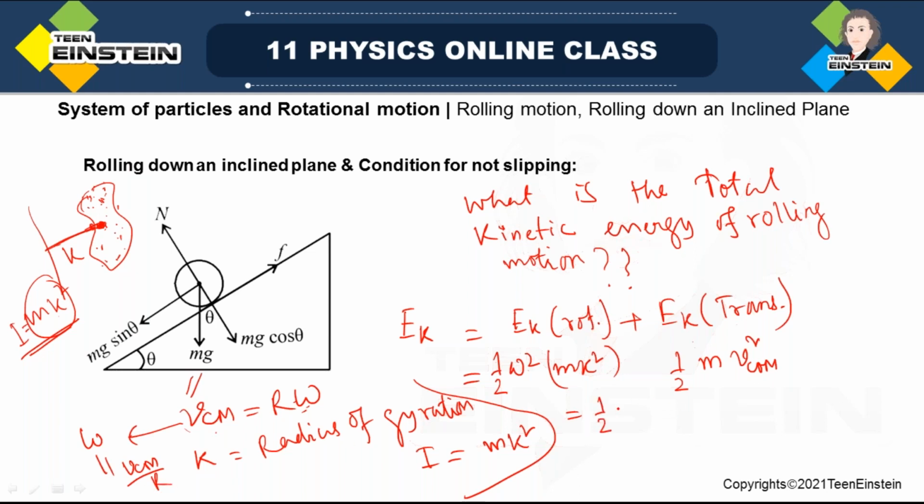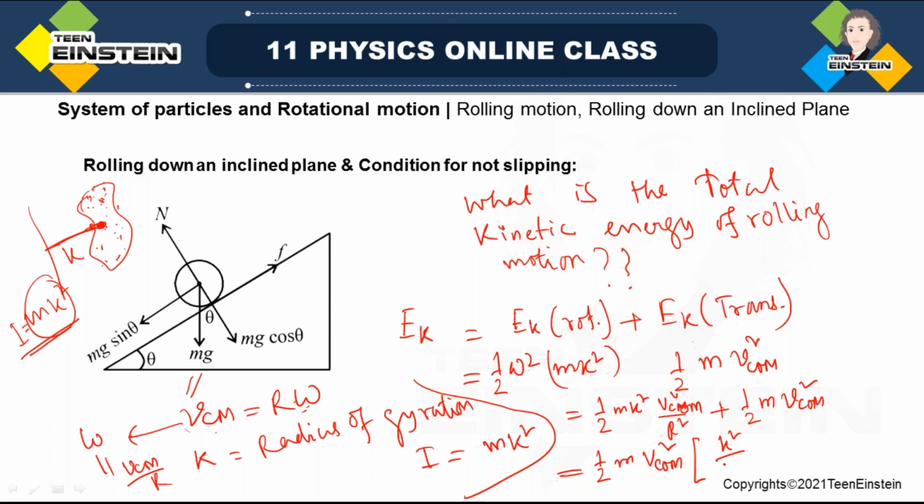So I can write this as half m k square into VCM square by R square, plus this is half m VCM square as we had for COM. So let us take half m and VCM square common.